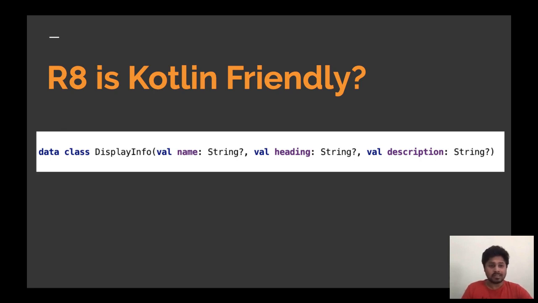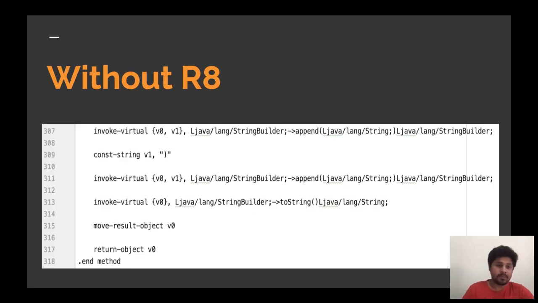Now you can see there is a DisplayInfo data class which only has three member variables called name, heading, and description. If you compile your code without R8, the bytecode generated has around 318 instructions produced by the compiler.